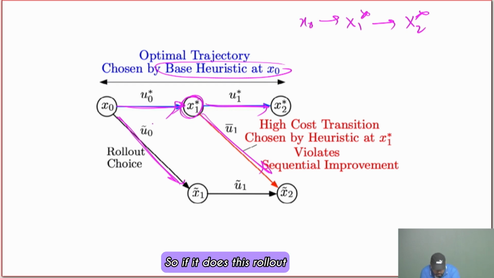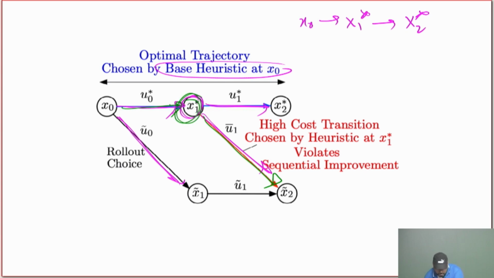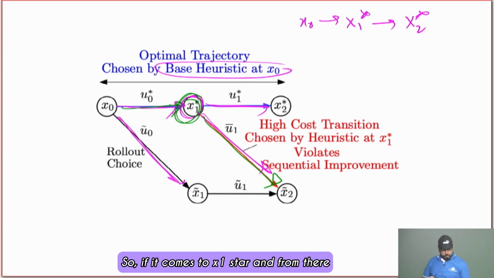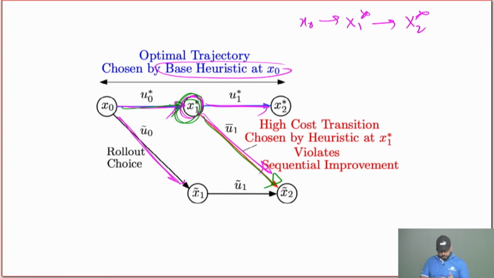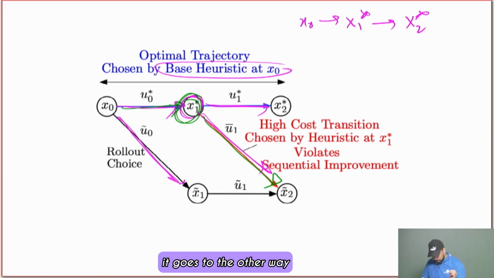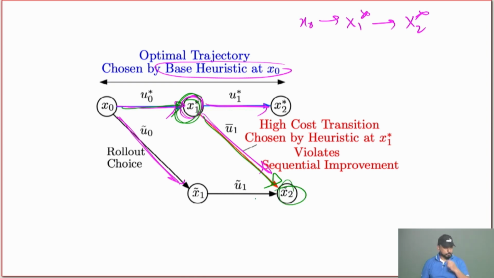If it does this rollout when it arrives here, then the base policy is not consistent, and it goes this way. After arriving at x1 star, after the rollout, let's say it might come to x1 star again, or it might go to x1 tilde. If it comes to x1 star, and from there it has to apply the base heuristic, then since it is not sequentially consistent, it goes the other way, which is x2 tilde.